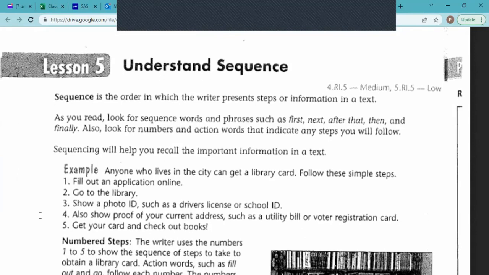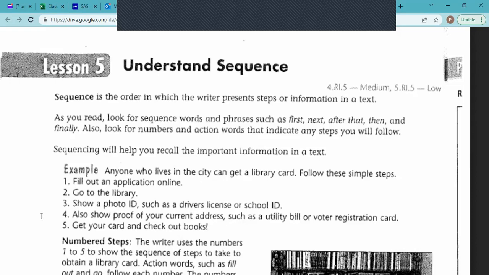All right. And we're going to take a look at just the very beginning of lesson 5, because right now it's been at least an hour and 36 minutes. I don't want to make this too long. So let's take a look at understanding sequence.